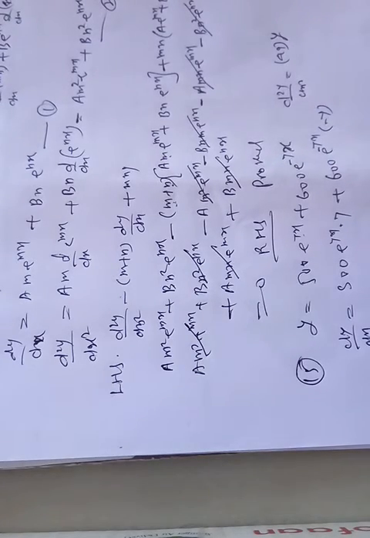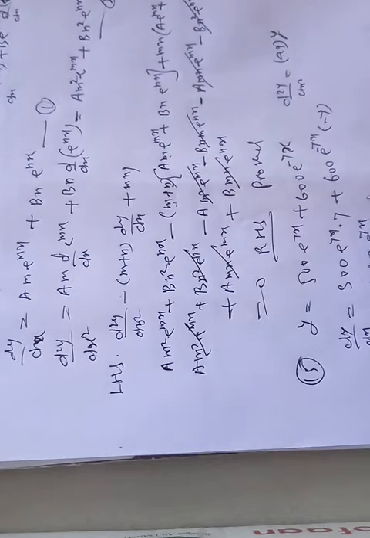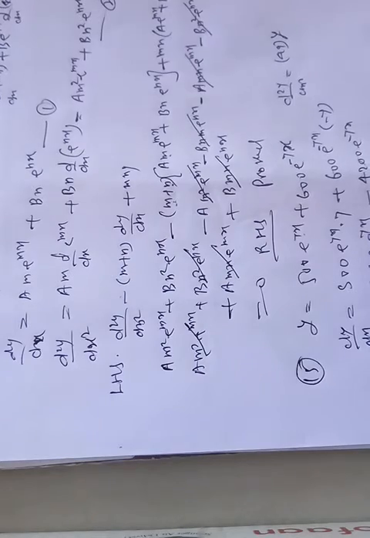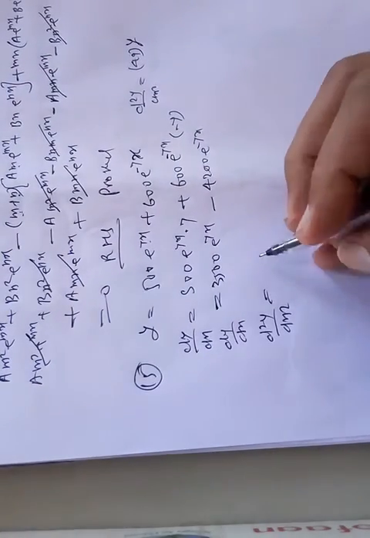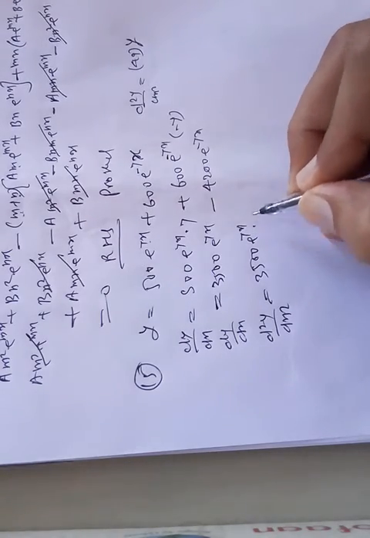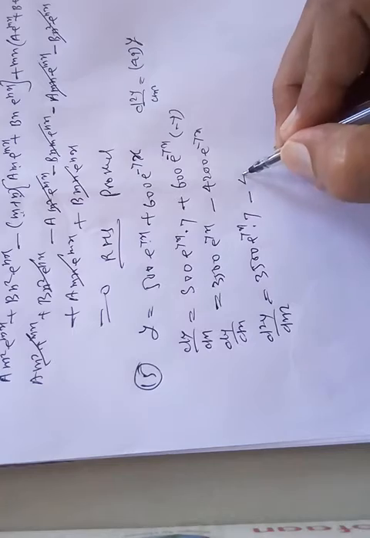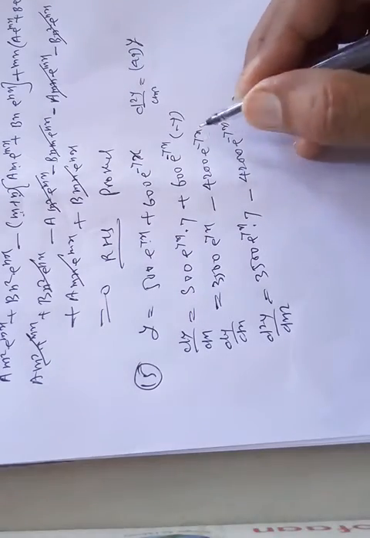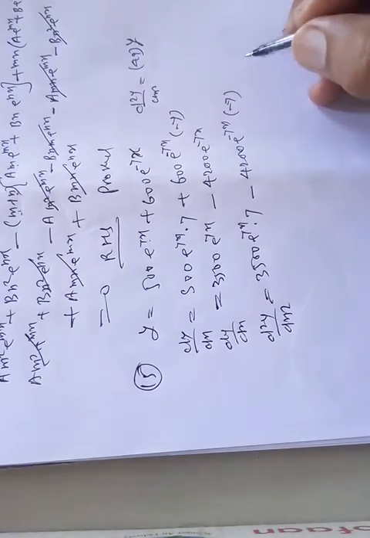So multiplying, we get 3500 e^(7x) minus 4200 e^(-7x). This is dy/dx. And again d²y/dx²: 3500 e^(7x) into 7, minus 4200 e^(-7x), and d/dx of -7x is -7.